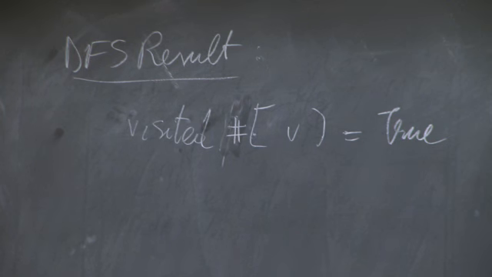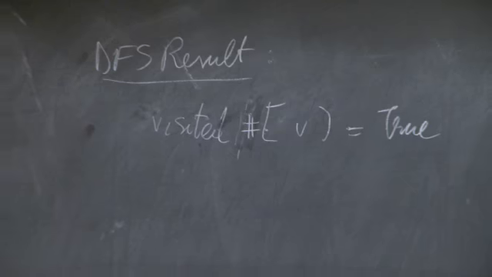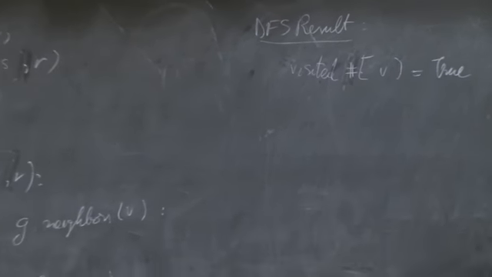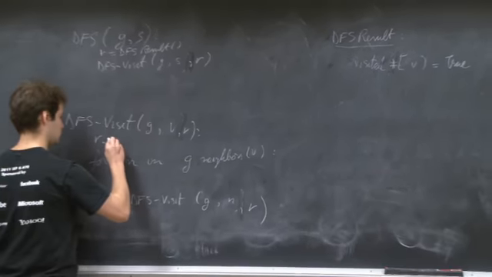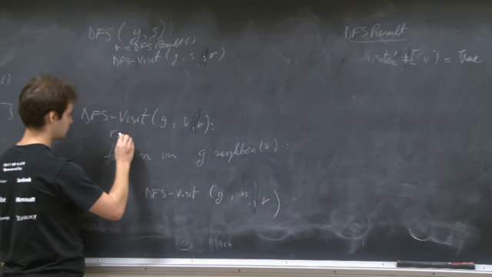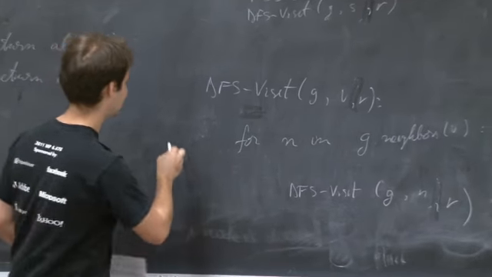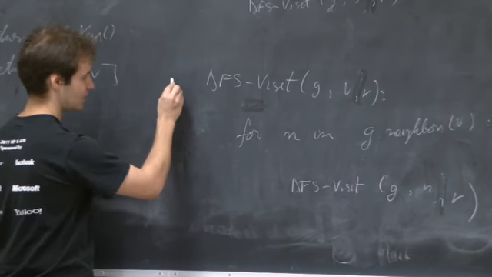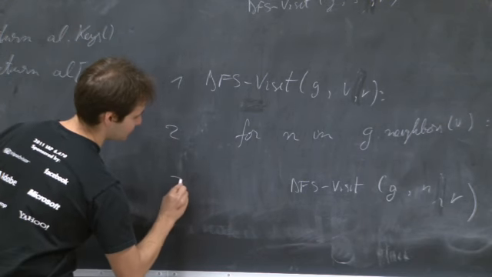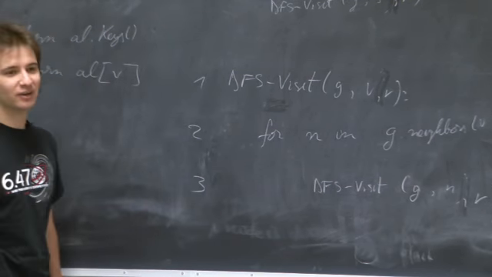Okay, so where do I fill this in? Let's use it. For n in G neighbors, set it to true. But before that, add the node visited. Okay, so let's say these are lines 1, 2, 3. Line 1.5 or 2.5?